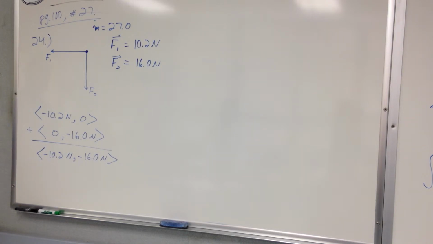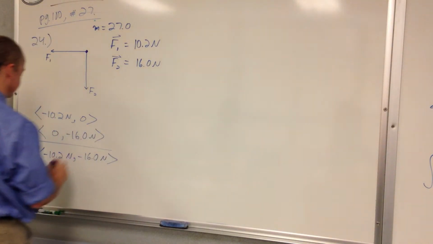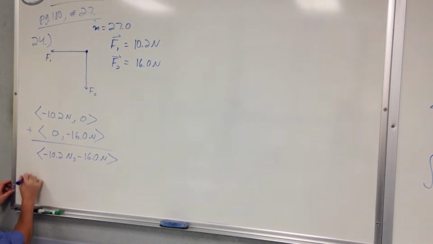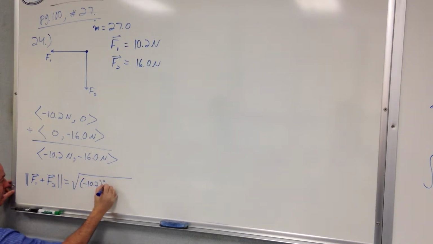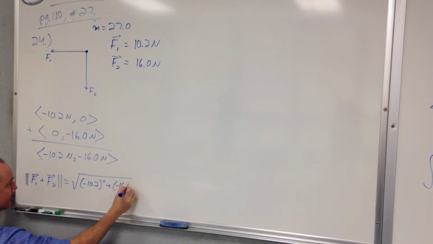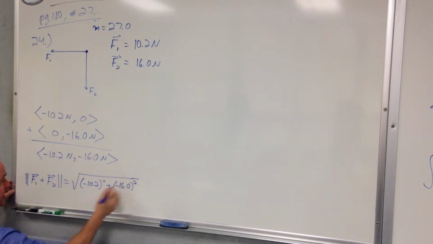All right, what's the magnitude of that vector? The magnitude of F1 plus F2 is going to be the square root of negative 10.2 squared plus negative 16 squared.